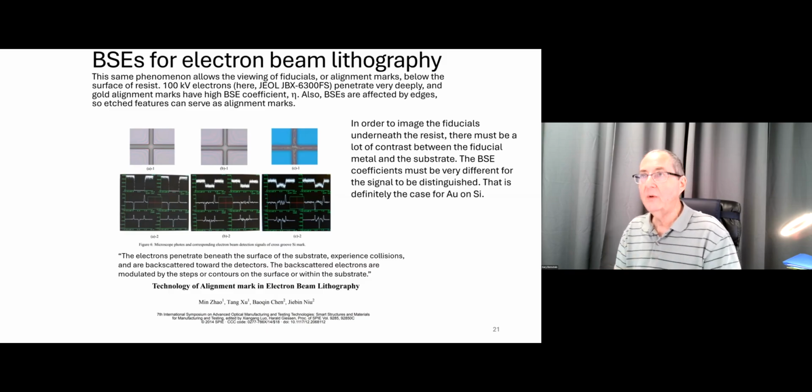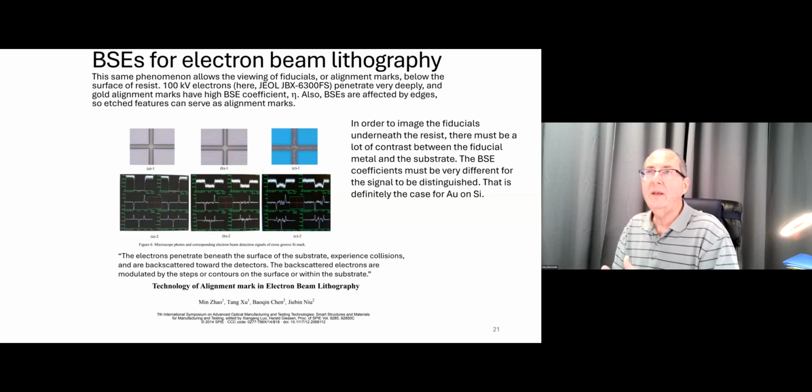But I want to caution you that if you use another kind of material, for example, aluminum is atomic number 13, silicon is atomic number 14, and Z is, for all intents and purposes, the same. And when the beam scans over an aluminum alignment mark, there aren't going to be any more backscattered electrons than there were over the silicon.